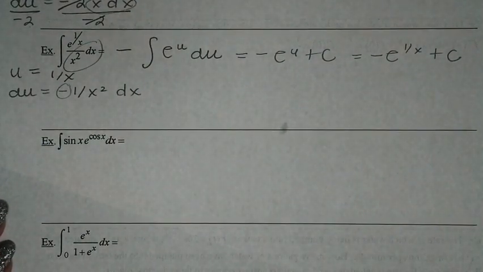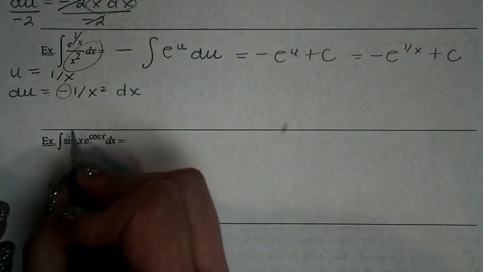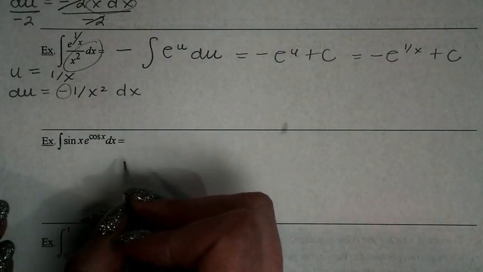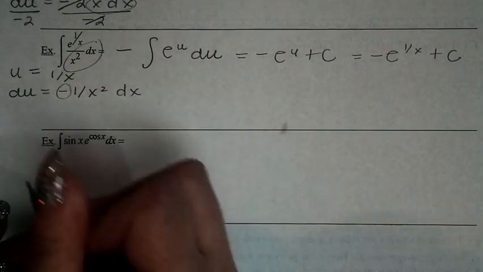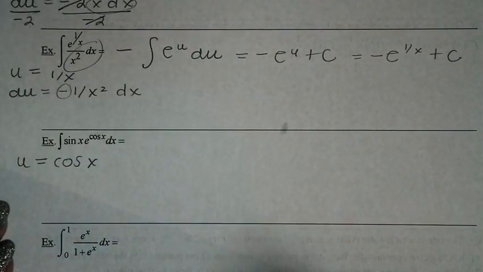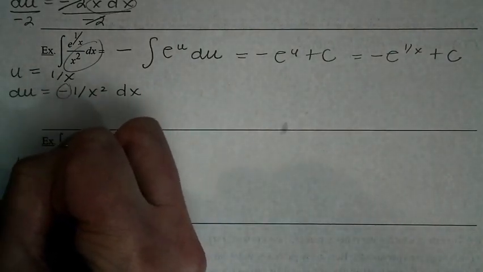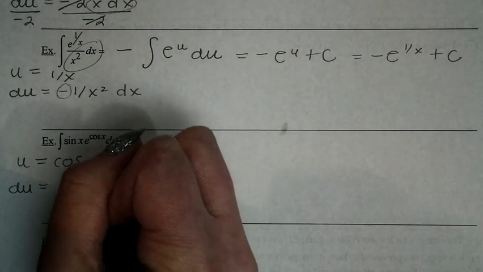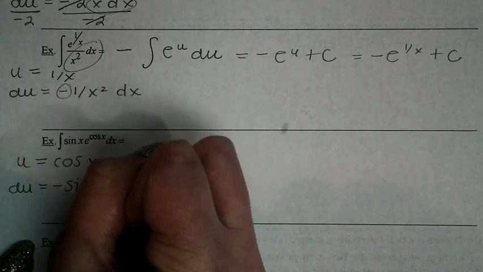Again, here you have something that looks a little bit intimidating, but don't let that intimidate you. Let your exponent be the u. So in this case, you have cosine of x. What's the derivative of cosine of x? It's going to be negative sine of x dx.